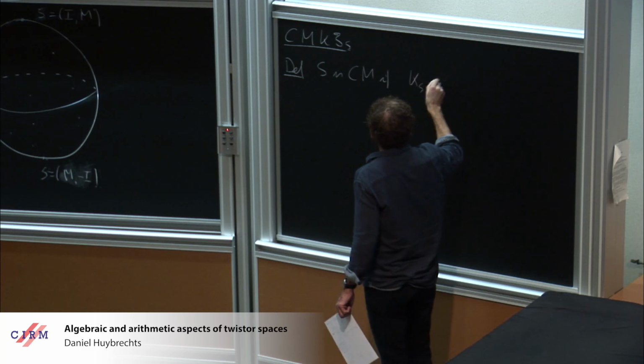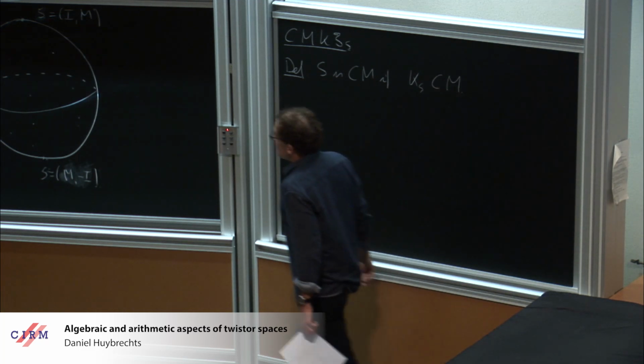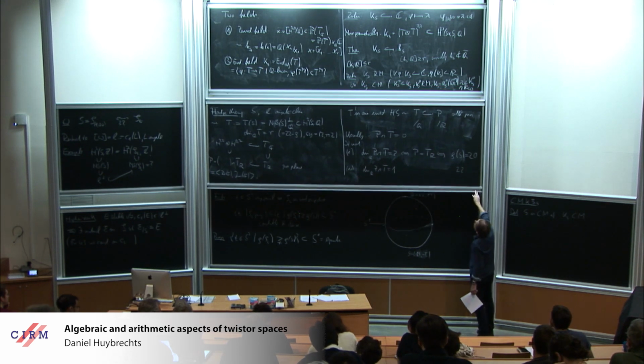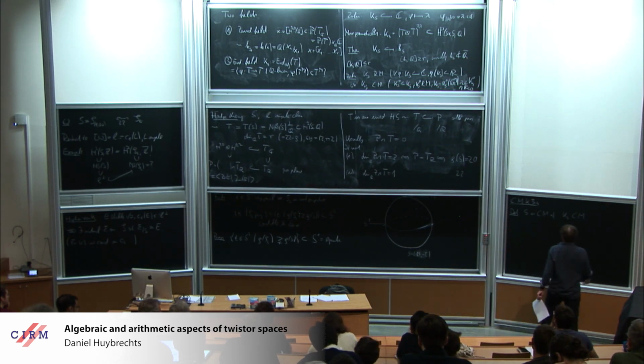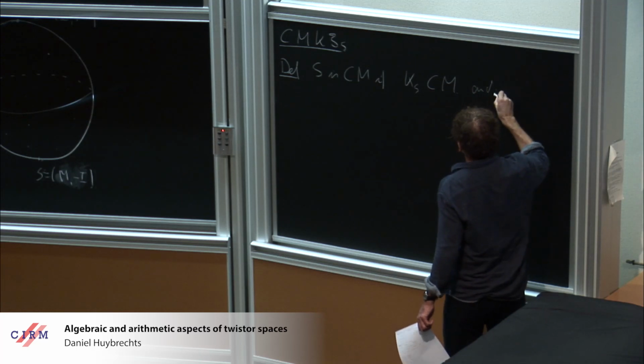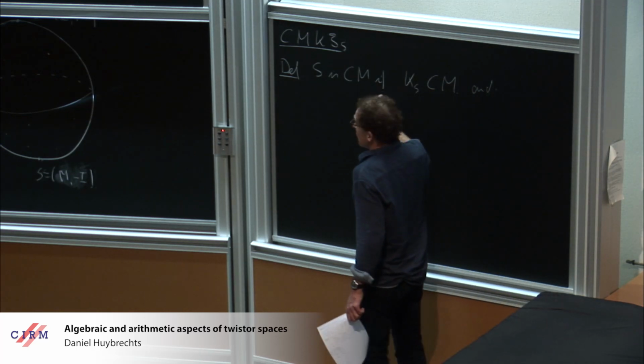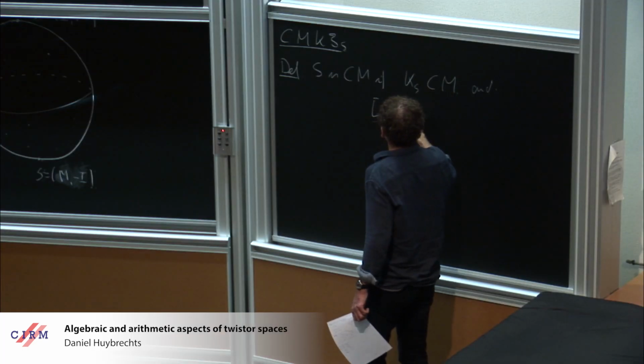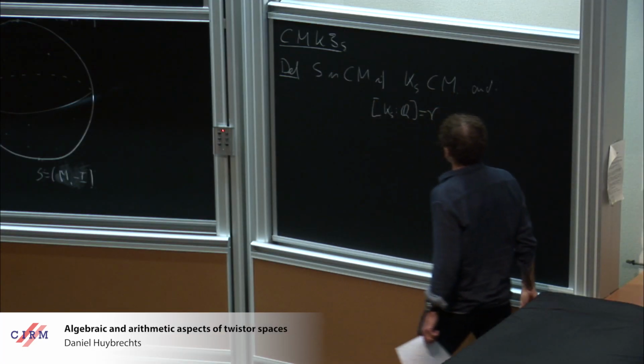If K_S is CM, then you're in the second case. But you want a little more. You want equality in the inequality upstairs. So its degree is exactly the dimension of T.